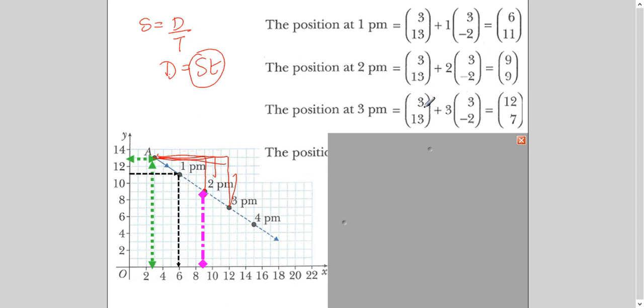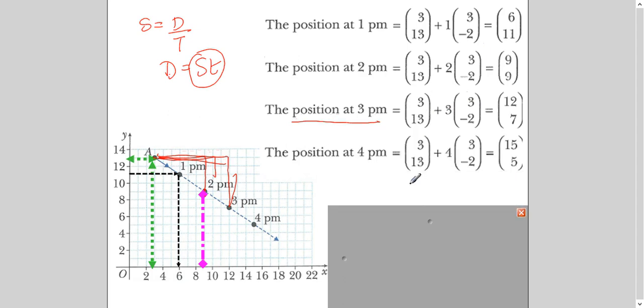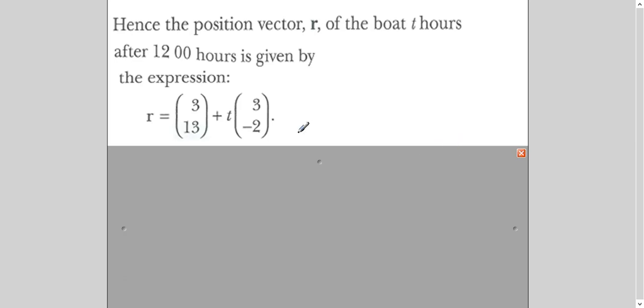So every time, to find out the position at a certain time, you are multiplying the velocity by the time and adding the old position into it. Same thing we are doing here. So with the help of this, we generalize a formula. And what is that formula? Old position plus time multiplied by velocity.